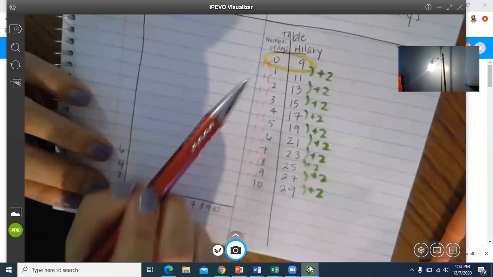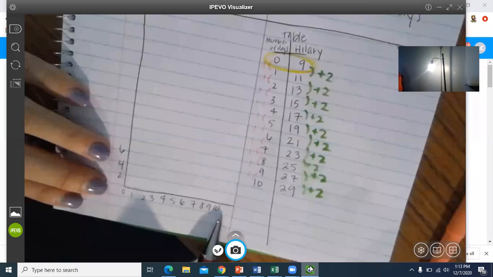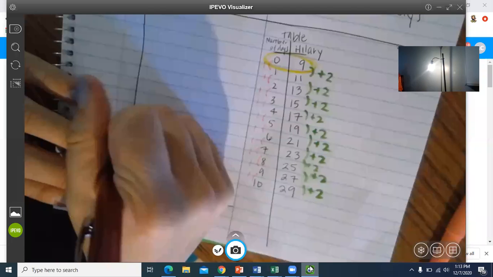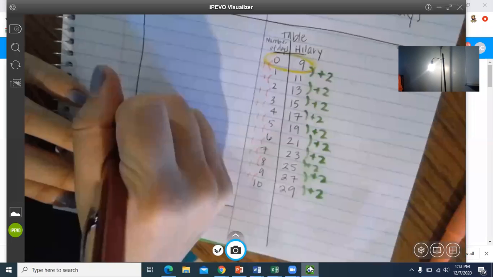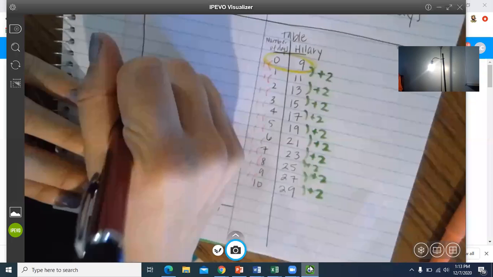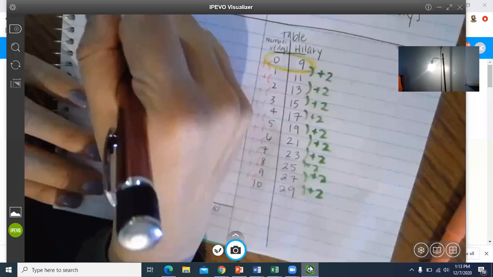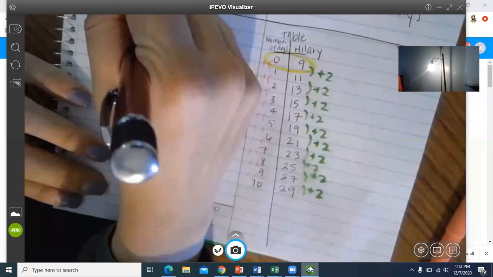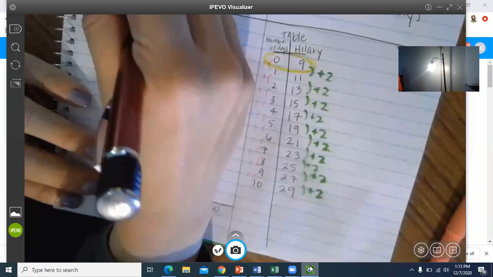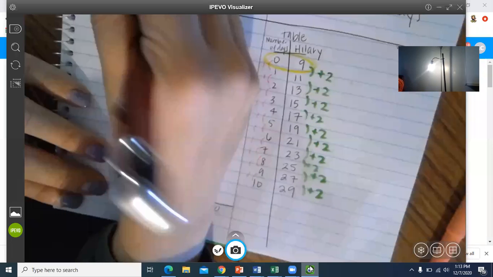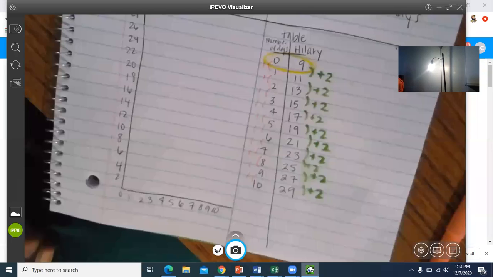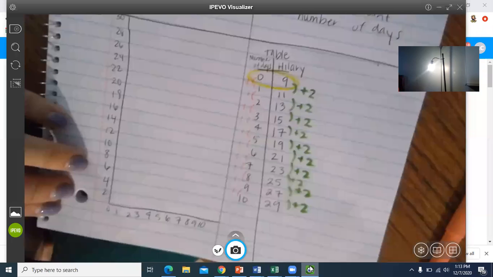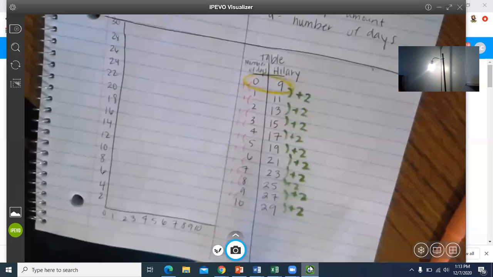Just like we did 0 through 10. I'm going to go from the table to this graph to make a graph.